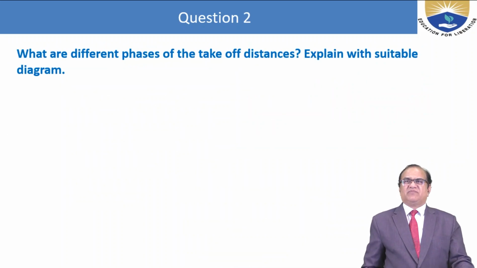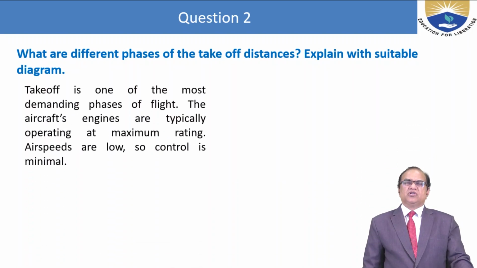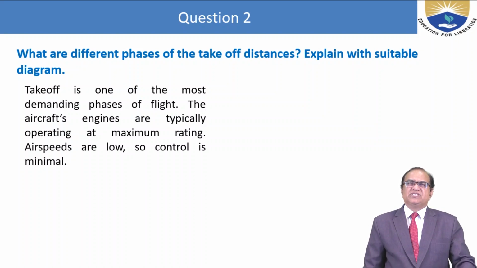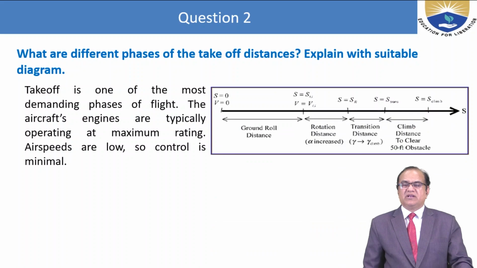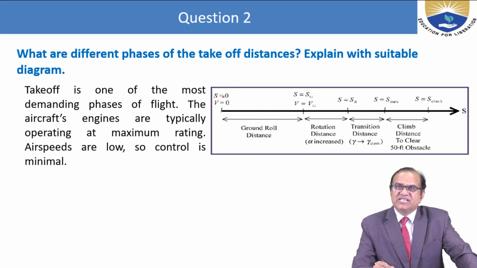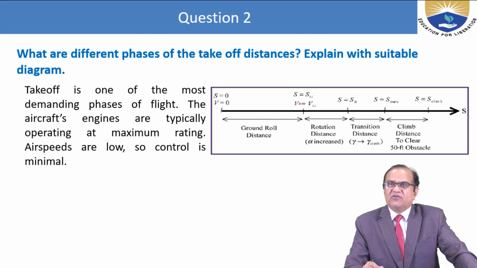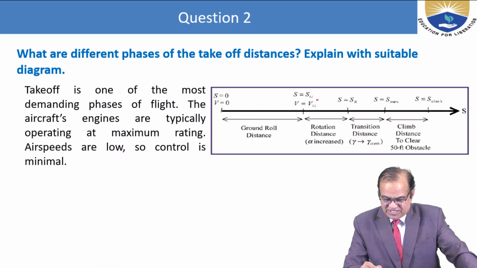What are the different phases of the takeoff distances? Explain with a suitable diagram. Takeoff is one of the most demanding phases of the flight. The aircraft engines are typically operating at maximum rating, and airspeed is low, so control is minimal. If you see in this diagram, distance is 0, V is equal to 0. It is the ground roll distance. Now you reach the rotation. In the rotation, we have V is equal to VG, S is equal to SG.